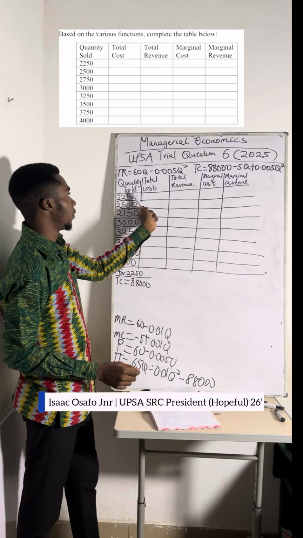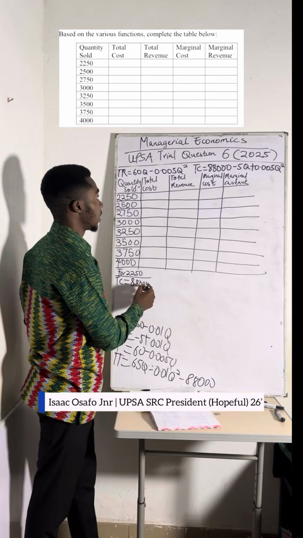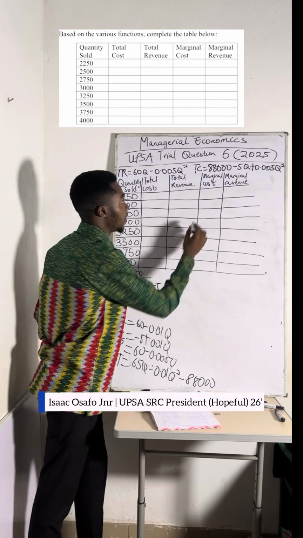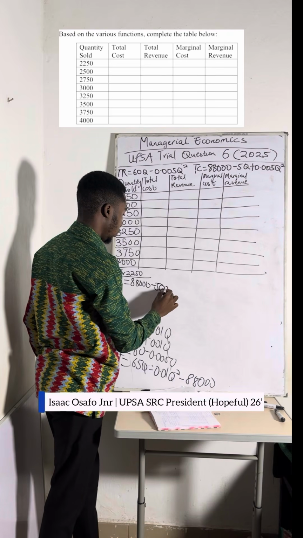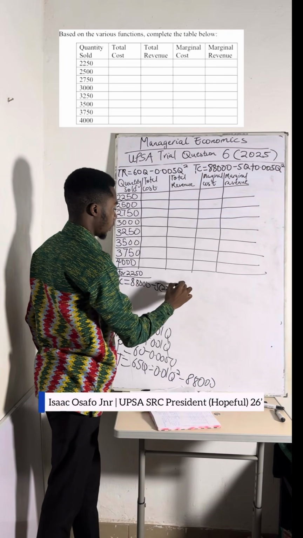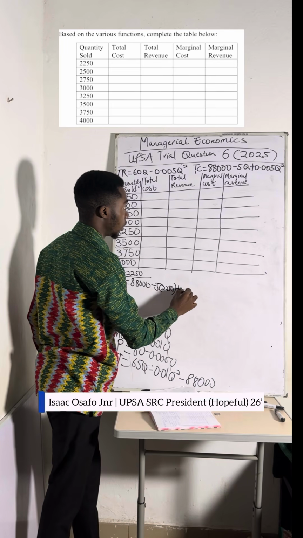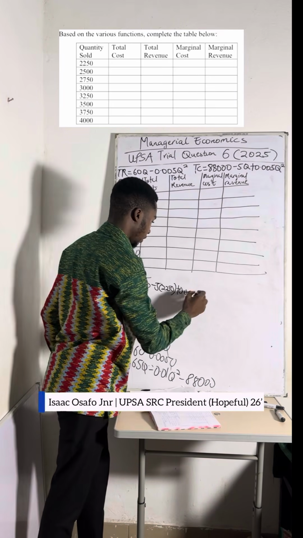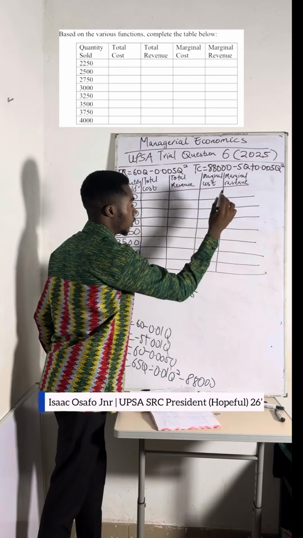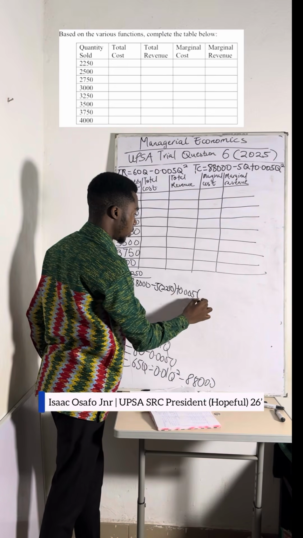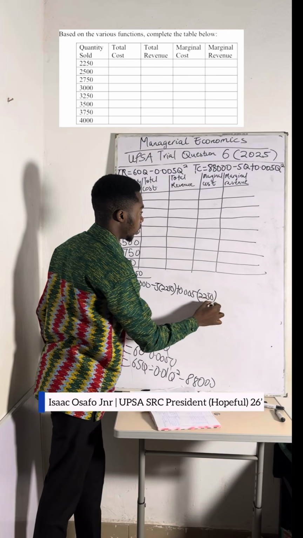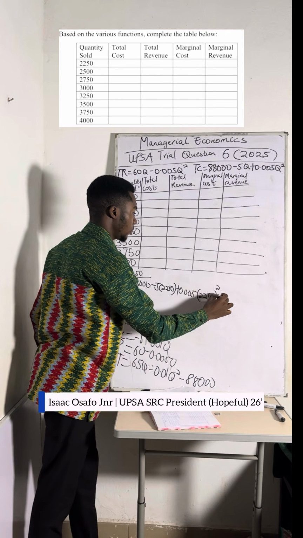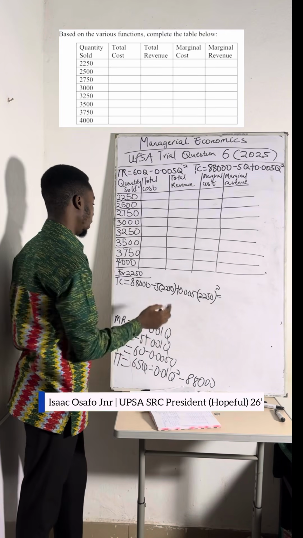So 88,000 minus 5 times 2250 plus 0.005 times 2250 squared. Then whatever you get will be your value for your total cost.